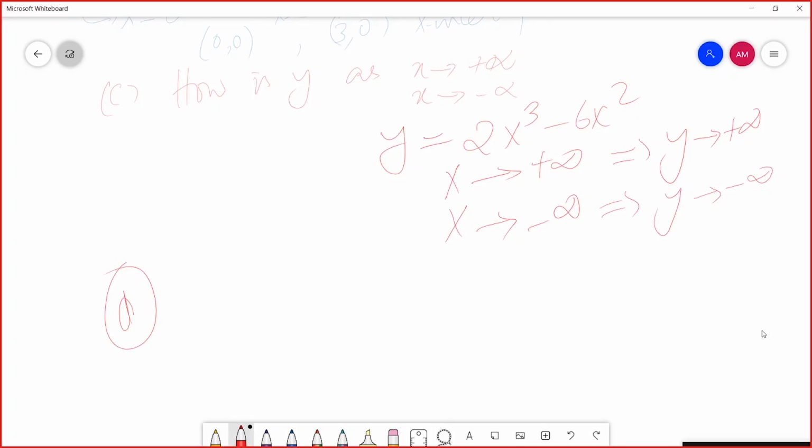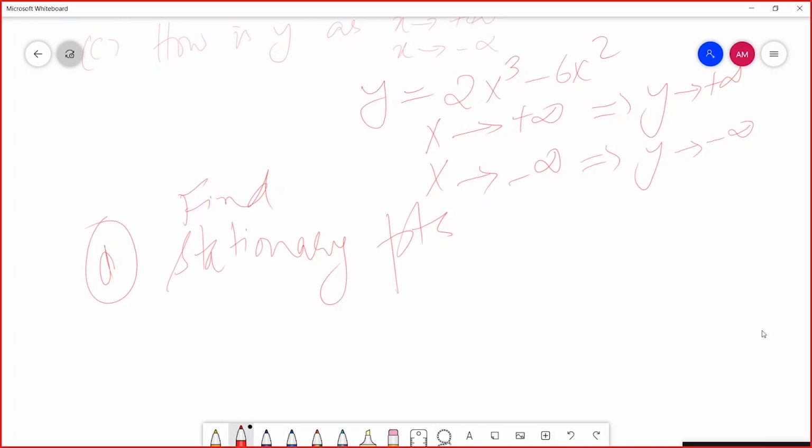Okay. So we know now where the x-intercepts are, we know the y-intercept, and we know how it's behaving. Now the third part: stationary points. We would find the stationary points and then draw the graph. So we had y is equal to 2x cubed minus 6x squared. Can you help me to find the stationary points? How to find that?